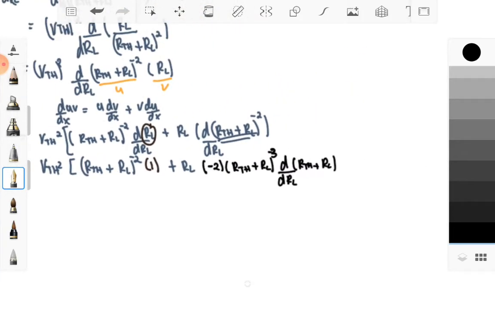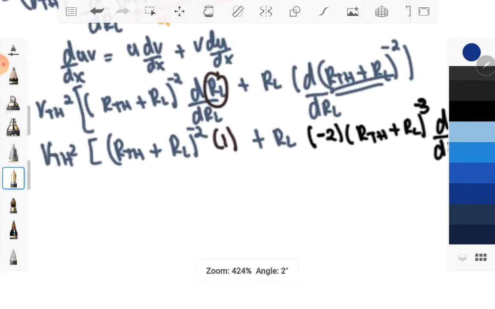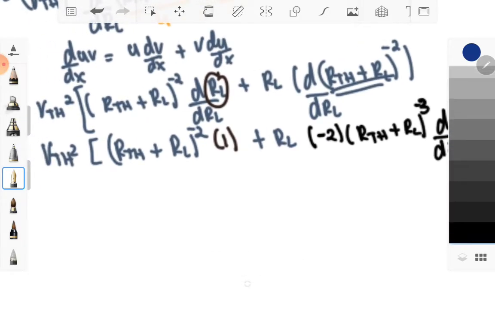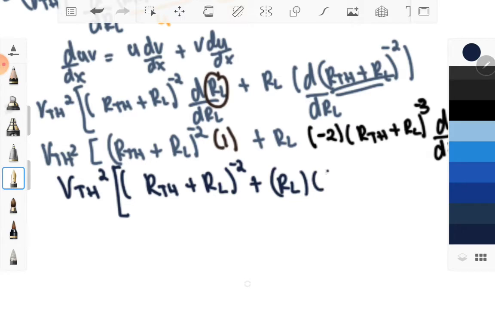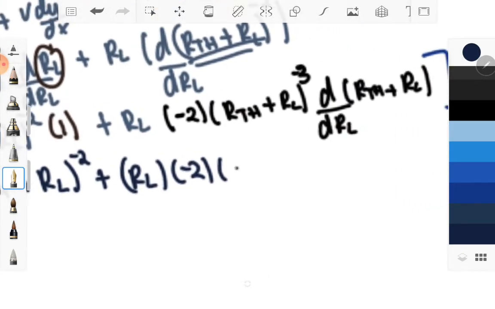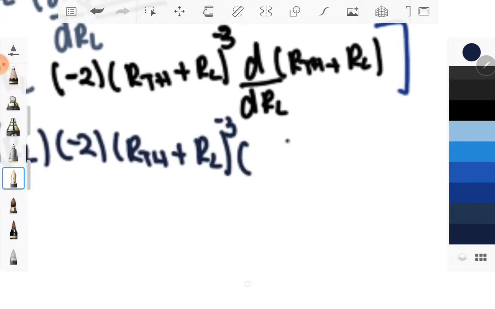So further manipulation of the equation, we will have VTH squared multiplied by (RTH plus RL) raised to negative 2 multiplied by 1 plus our RL multiplied by negative 2 multiplied by our (RTH plus RL) raised to negative 3, so multiplied by the derivative of RTH, which is 0, plus the derivative of RL is 1, right?